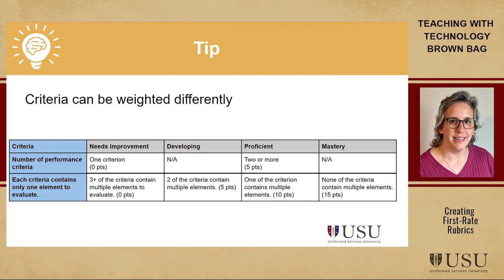And you can certainly do that. So when you think about your rubric design, if there's something you want to assess, but you don't want it to have as much weight as other criteria, totally adjust the points possible for those items to reflect the importance of the item to the students.